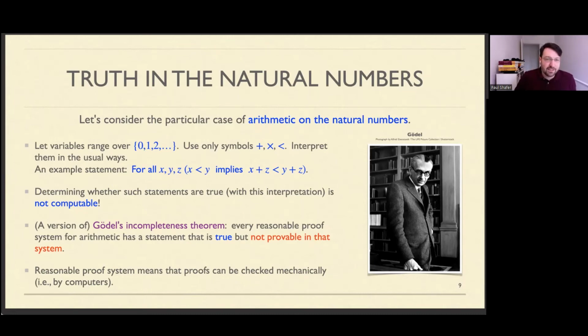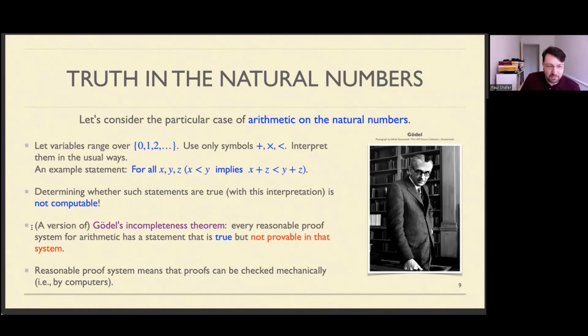What if you're interested in a particular mathematical structure and symbols with a particular interpretation that you're already familiar with? Turing's work also shows that it's not computable to determine whether or not a statement is true just of the natural numbers.